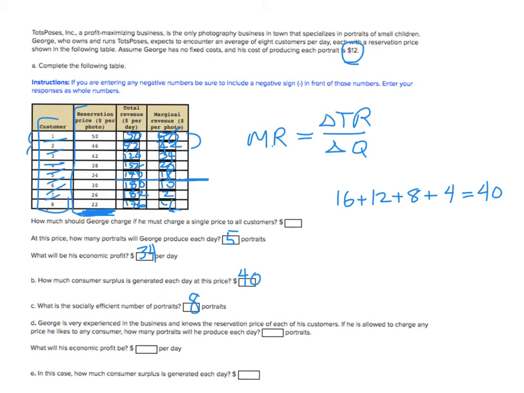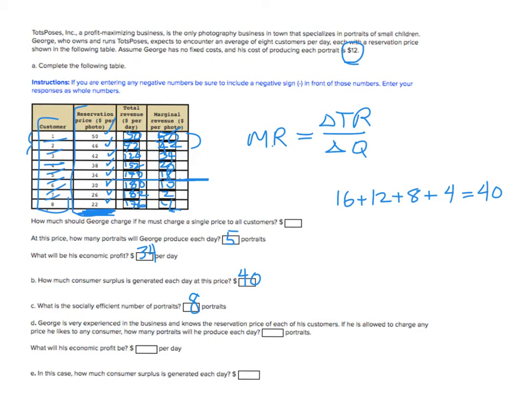And now George is very experienced in the business, and he knows the reservation price of each of his customers. If he is allowed to charge any price he likes to any consumer, how many portraits will he produce each day? Well, here he knows the first person will pay 50. He charges that person 50, the next person 46. As long as a customer will pay him more than 12, and he doesn't have to worry about customers reselling this product.